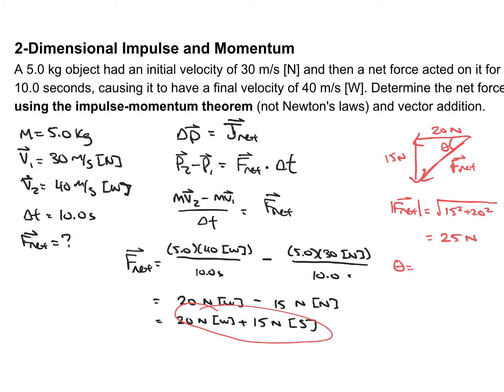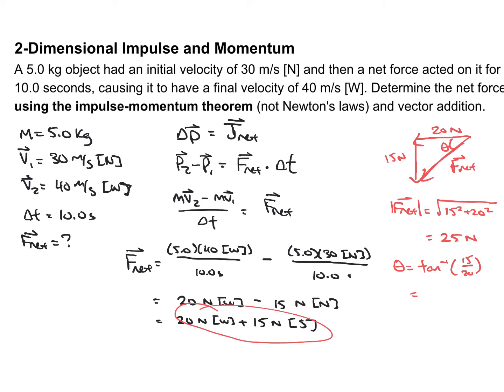And the angle will be found by inverse tangent of opposite over adjacent. And I should know this angle by now. It shows up so often, probably 37 degrees. Let's take a look. Inverse tangent 15 over 20.